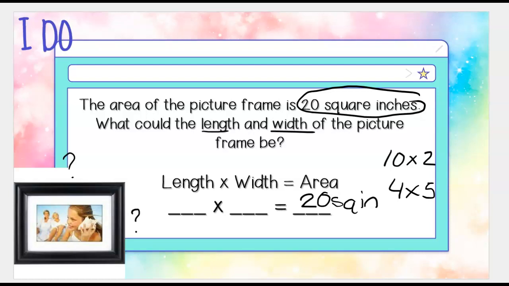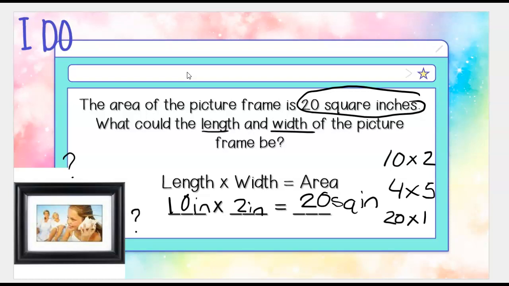And also an easy peasy one, 20 times 1 equals 20. So any of these choices would work. I'm going to stick with 10 inches and 2 inches. 10 times 2 equals 20.